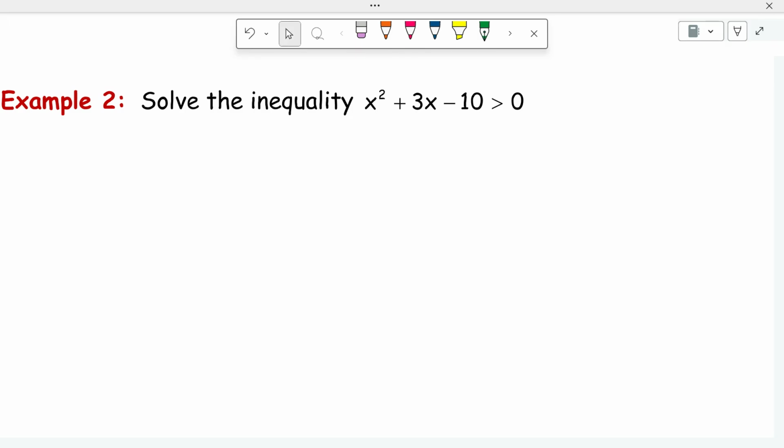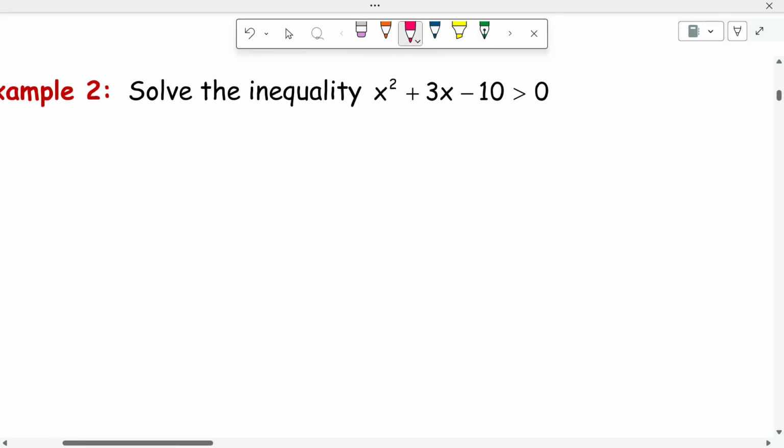Okay, because you guys all agree that if I asked you to solve this, x squared plus 3x minus 10 equals 0, you guys all agree you could do that? So we still need to do that. Yes.